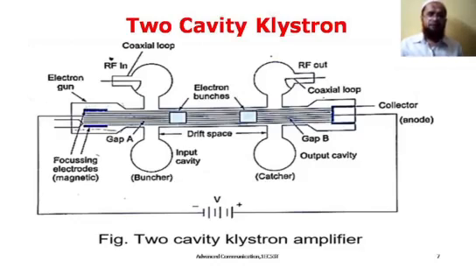That's why, to make every electron flow in a single path, we use focusing electrodes by providing a magnetic field. Thereby every electron coming from the cathode or electron gun is focused to follow the same path, from the electron gun to the collector. The collector is always waiting for electrons, right?